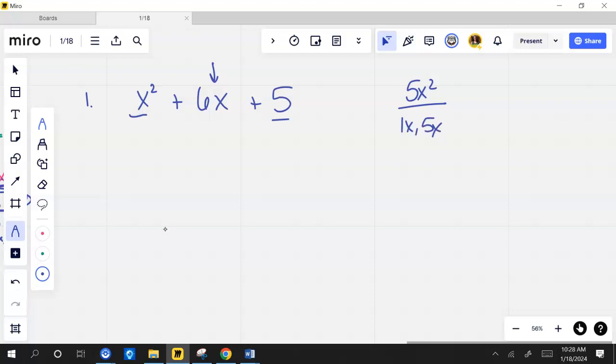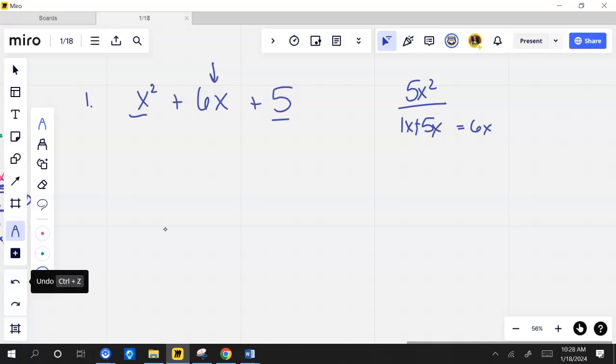If I multiply that together, I get 5, yes? But if I put a plus sign in here, I end up with 6. Does that make sense? Kind of? Okay. You multiplied to this and added to that.